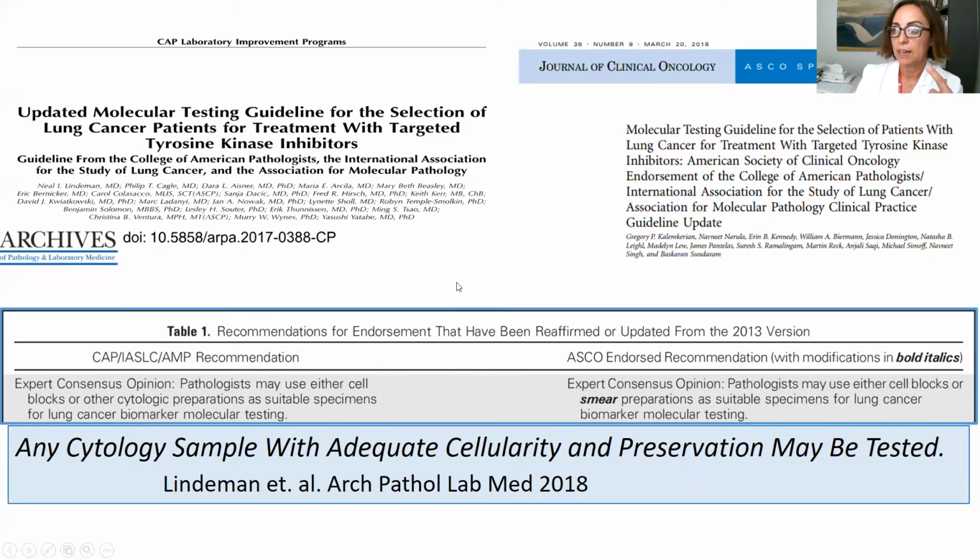Before that, only cell block was considered useful for biomarkers, but after 2018, any type of cytological sample is useful for biomarkers. And as Dr. Lindeman said in this paper, any cytology sample with adequate cellularity and preservation may be tested.